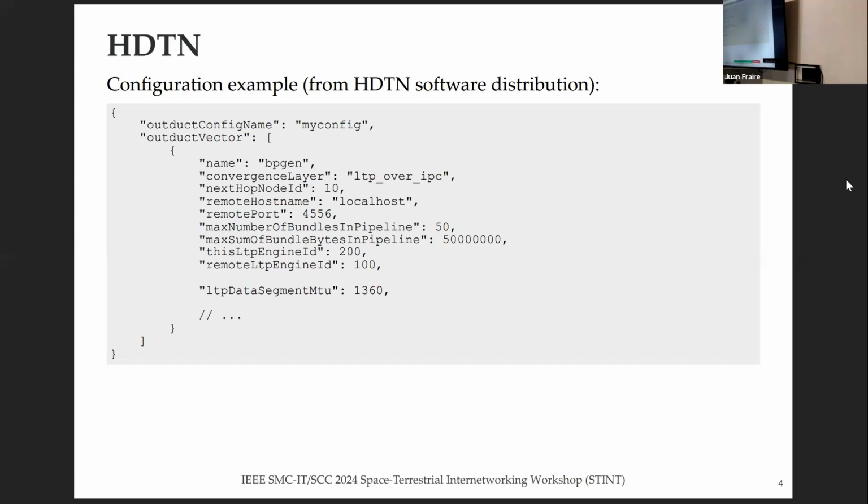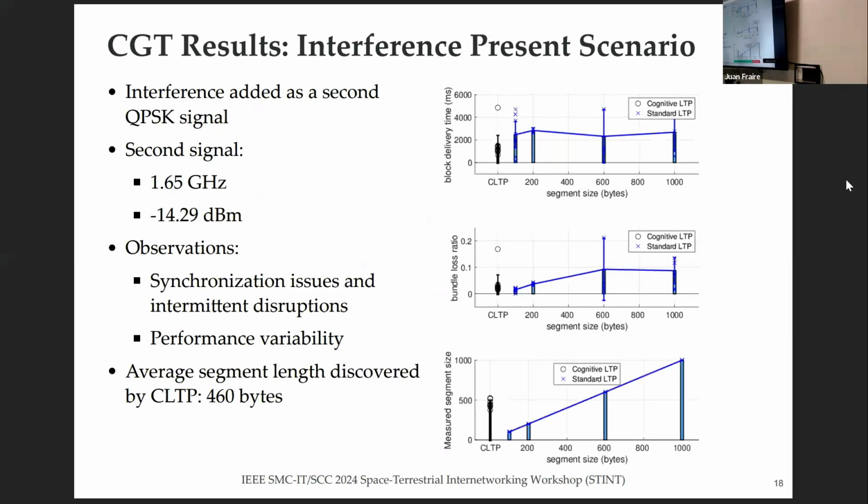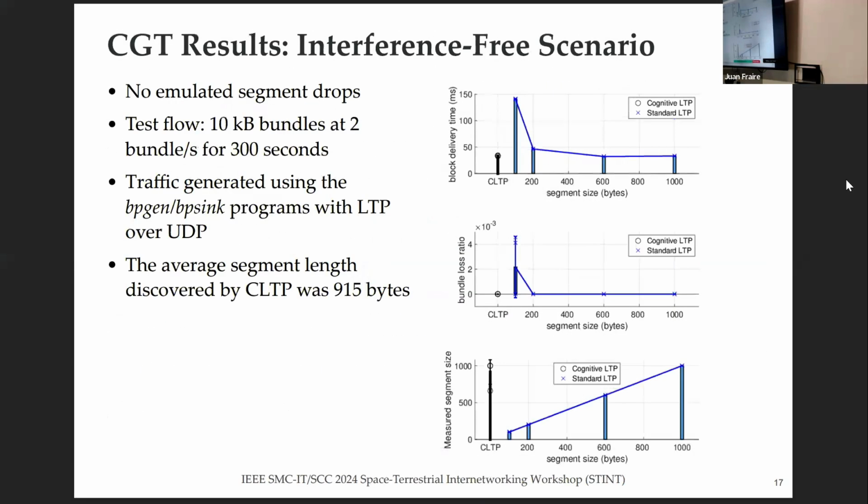Then we update the neural network, so the next block gets this new value. Was this changing a lot? It depends on how fast you send your blocks. I was sending at, I think, 2 bundles per second. So it will depend on how fast you send your blocks.